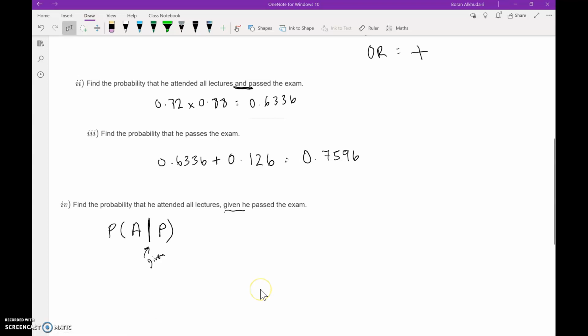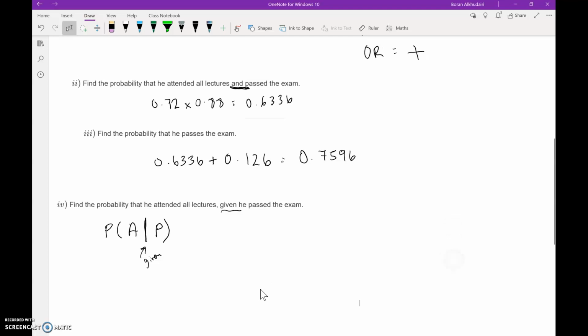So in a normal theoretical probability, the way we'd calculate probability is the probability of an event happening, the probability of the thing we want to happen, sorry about the handwriting, and that's over the total.